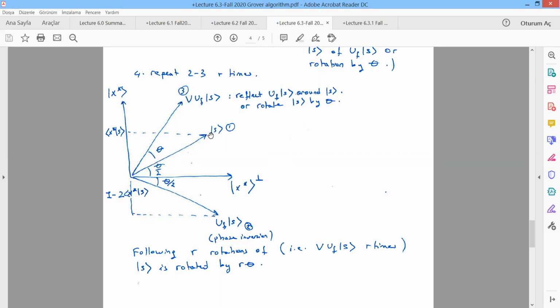You start with the ket S vector, and by applying phase inversion and inversion around the mean, this ket S state approaches ket x star, which is the solution we are looking for. This is the geometric argument that we discussed. But next time I'll summarize all these arguments, plus I'll also introduce another approach for the proof of Grover's algorithm. I suggest you go over this.